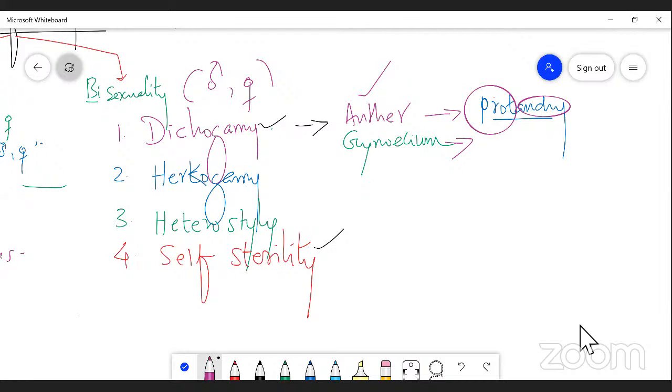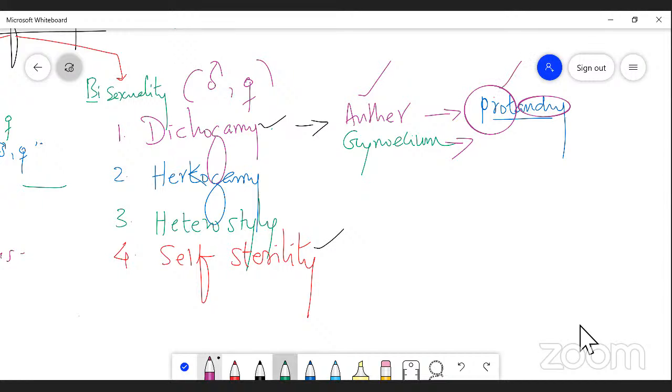Please understand, dichogamy is the development of androecium and gynoecium at different times. Either the androecium attains maturity first or the gynoecium does. If the androecium matures first, that is called protandry.